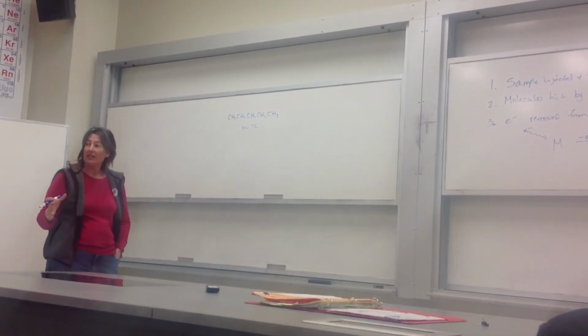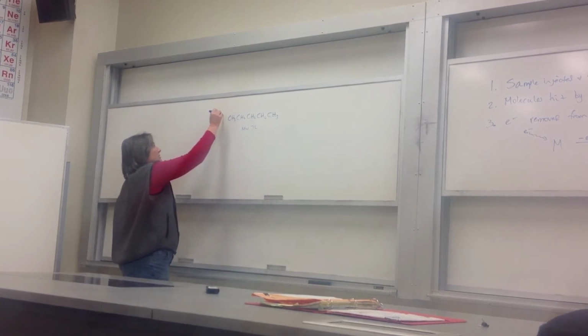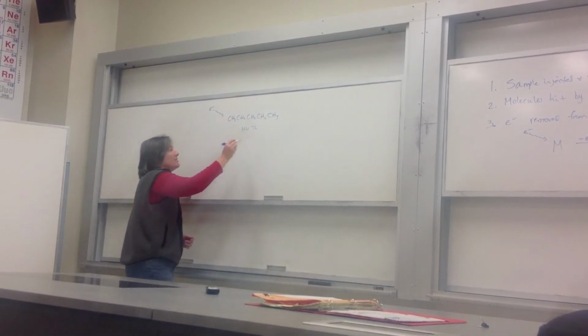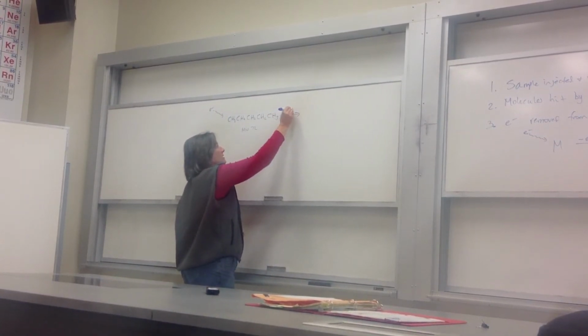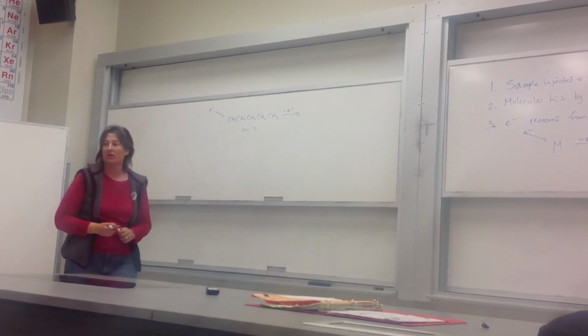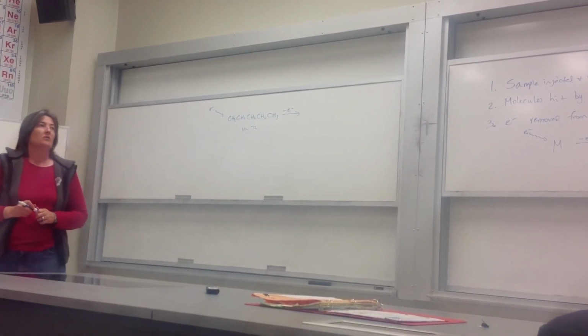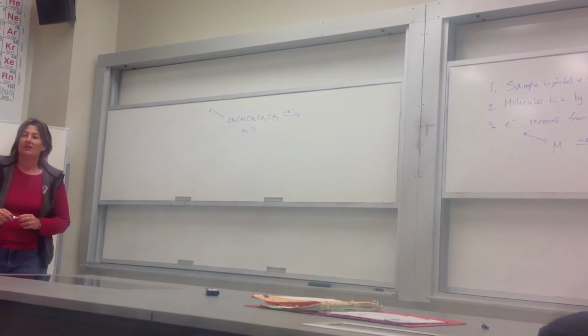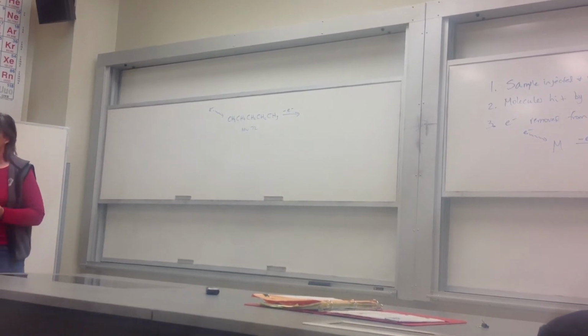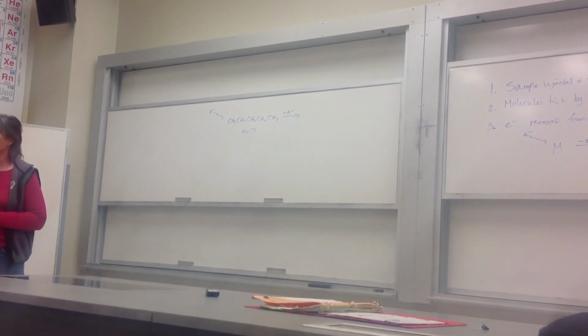And the first thing that happens is an electron comes in, and we are going to be knocking an electron out of the molecule. With alkanes, it gets a little more complicated trying to decide where it comes from. We'll see with alkenes, it's very predictable. Alcohols, it's predictable. Carbonyls, it's predictable. Almost every other functional group.